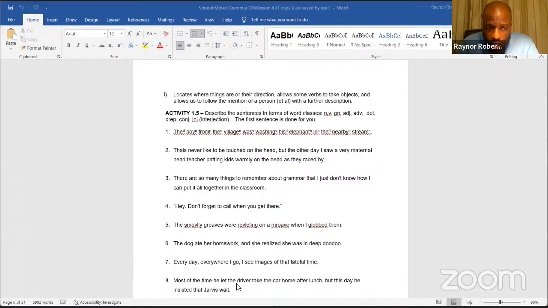Subordinators make independent clauses dependent. So I call them the conditional conjunctions because they cannot stand alone. In the case of number 2, as they raced by, is that a sentence? As they raced by? No. But if I take the as out, they raced by, is that a sentence?